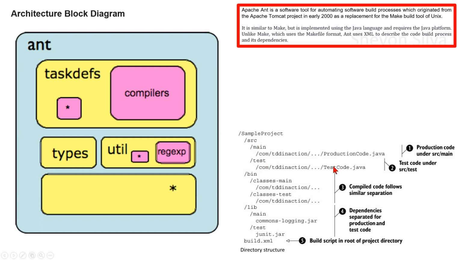Here is test code. Here compiled code follows a similar separation, like here, bin/classes/main and bin/classes/test. Here dependency is separated for production and test code in this project, and this is the build script in the root of the project directory.